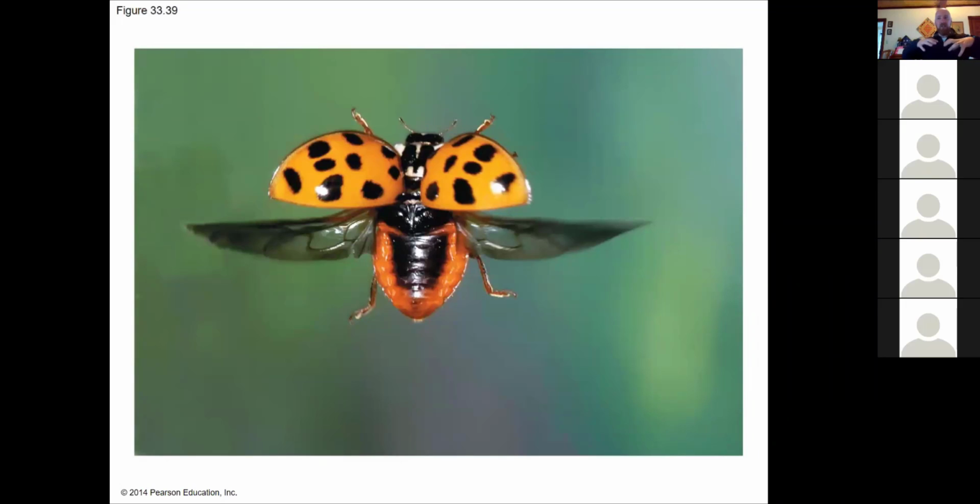They have the hard covering, the beetle shell, and they have these very delicate wings underneath. They're terrible flyers, but they can fly. Do you ever have a beetle fly into the side of your head? They're not good at control, versus a dragonfly that can just hover and go backwards and go all over the place. So again, very, very different flight.